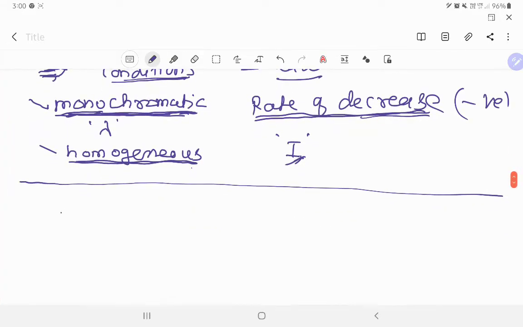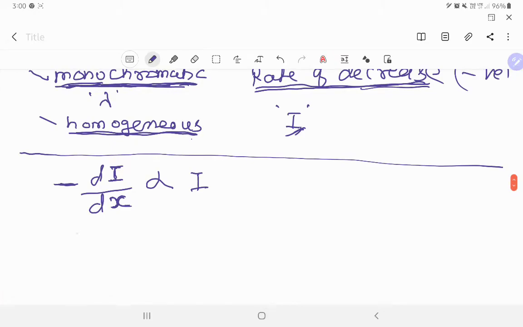That means minus dI by dx. The negative sign indicates the decrease in intensity of radiation with thickness of the absorbing medium, which is directly proportional to I, the intensity of incident radiation.